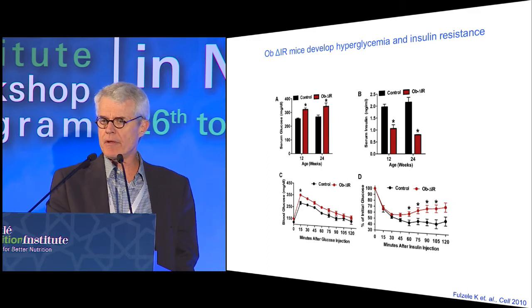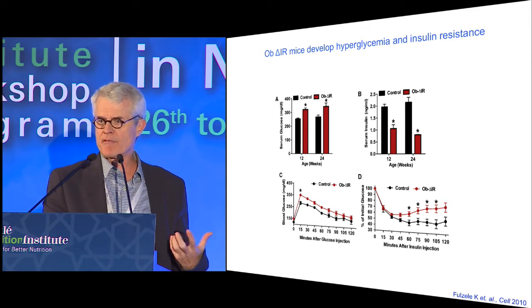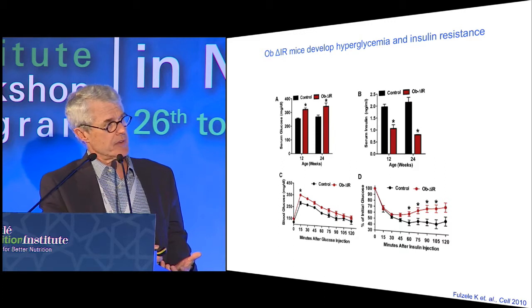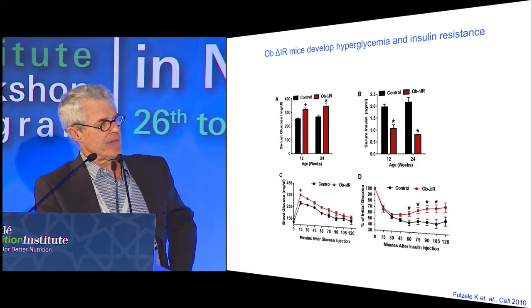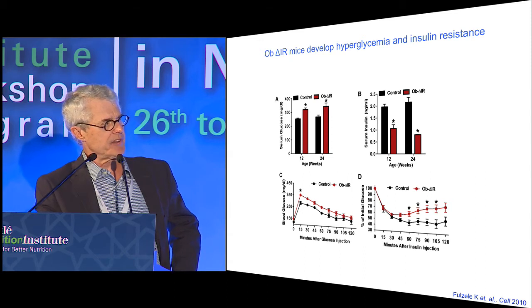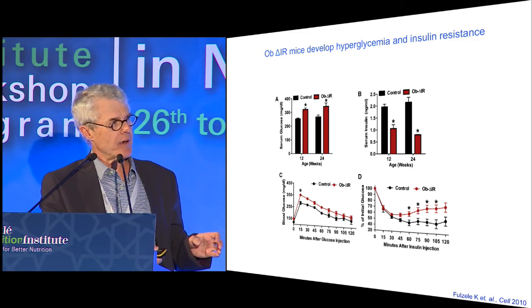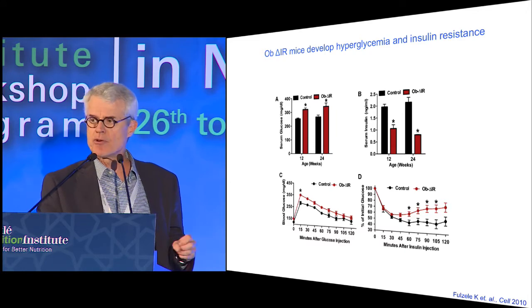And again, this is like somebody who has basically development of peripheral diabetes or insulin resistance, although this low insulin, we have a reason for, which again, I'm not going to get into, but this is a metabolic defect, and we went on to formally test their glucose tolerance using glucose tolerance tests, and the mice that lacked the insulin receptor became glucose intolerant, and they were very insulin insensitive compared to controls.